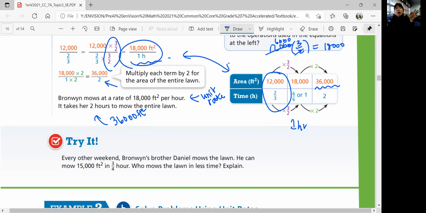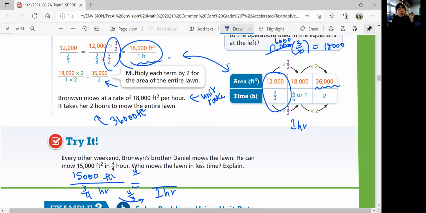So how much does her brother Daniel mow in an hour? So let's write a fraction for that, 15,000 feet square in 3/4 hour. In order to get 1 hour, you need to multiply by the reciprocal, right?